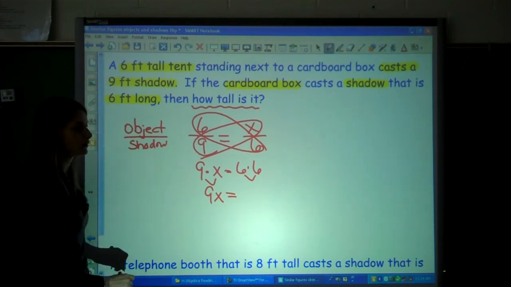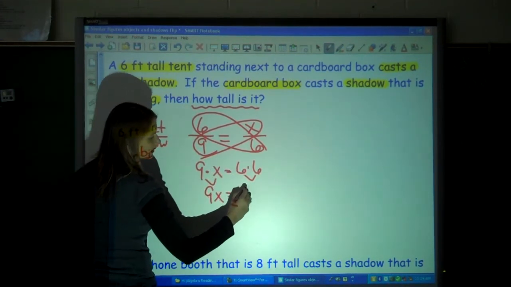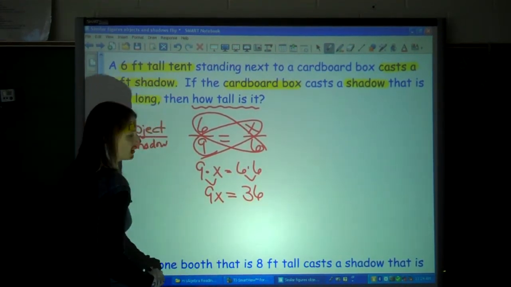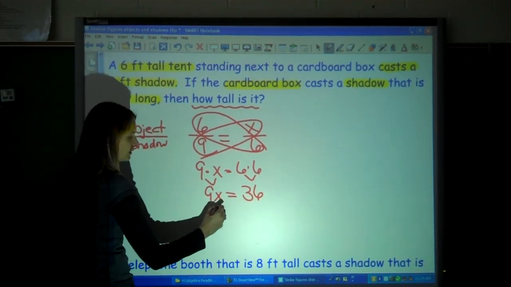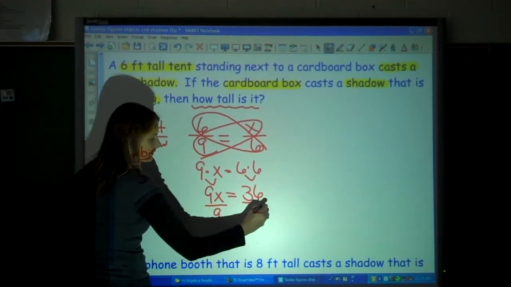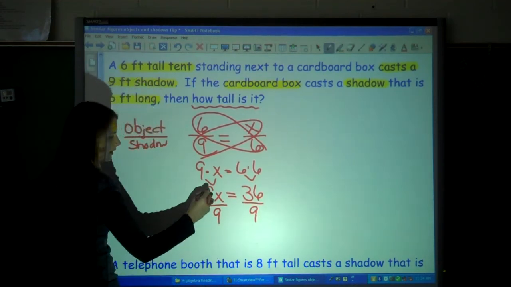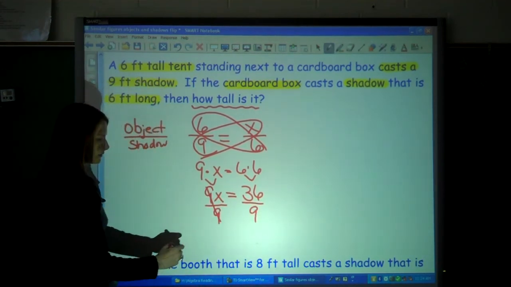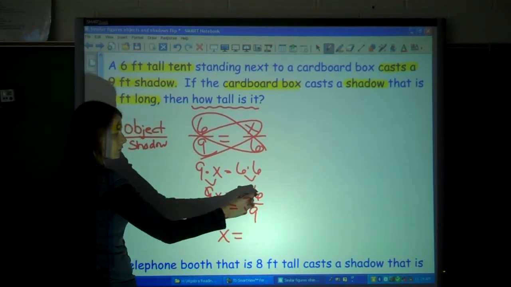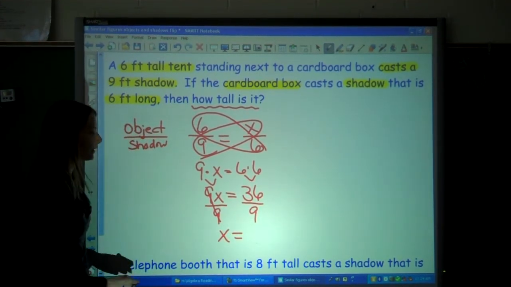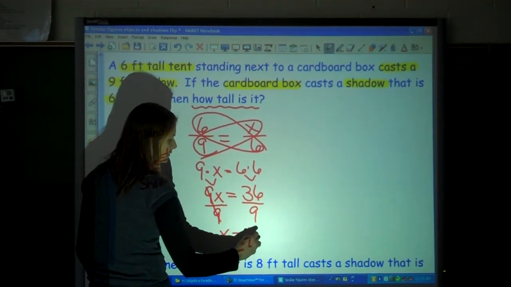I can stick that in my calculator, or I know that 6 times 6 is 36. Since 9 times x is equal to 36, I want to do the opposite and divide both sides by 9. 9 divided by 9 is 1, so we're just left with 1x. And that's equal to 36 divided by 9. I can stick it in my calculator, or I know that that is 4.